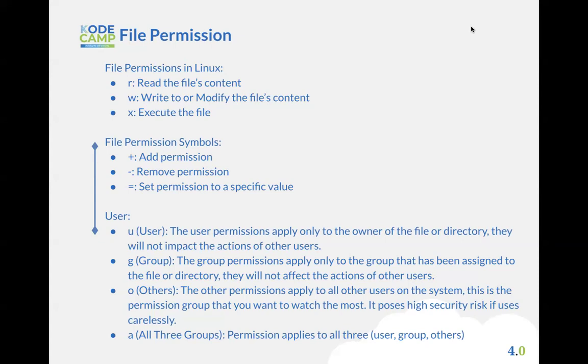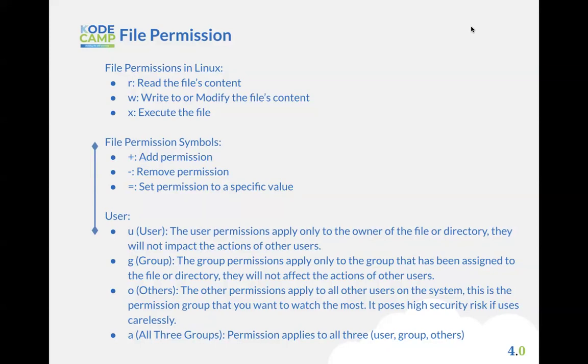So users, now you have the user, which when you use, you're referring to giving a user permission, and it applies the permission to the owner of the file, and it does not impact other users.